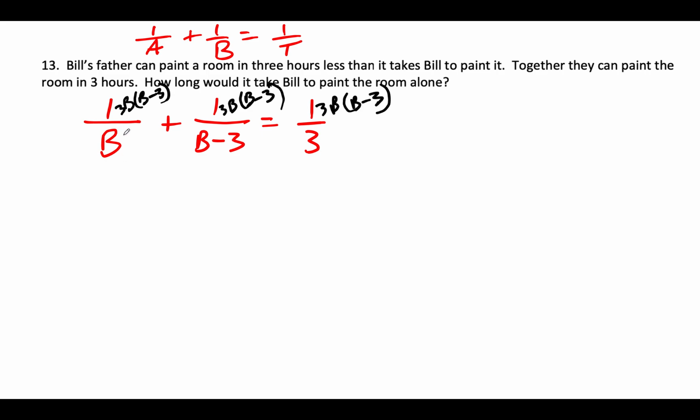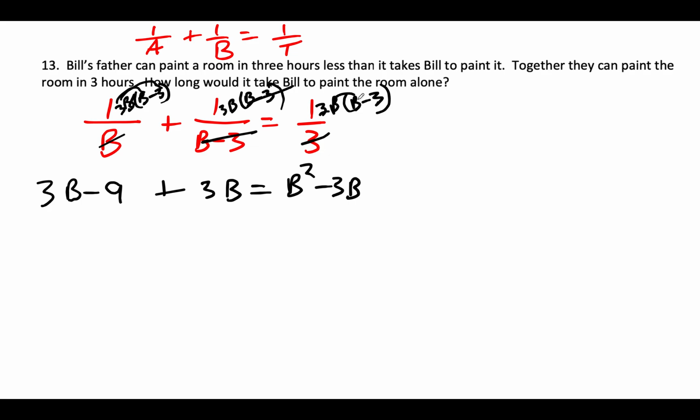And now my b's cancel out, and I'm going to distribute this, if that's okay with you, 3b minus 9. And then my b minus 3's cancel out, so I get 3b equals, my b's cancel out, and I get b squared minus 3b. Again, I just went ahead and distributed those, and I'm ready to go.